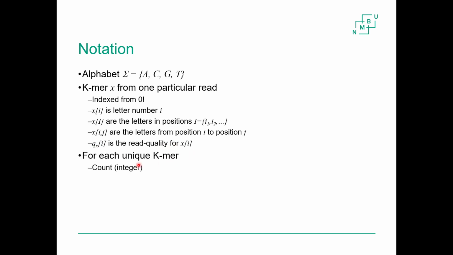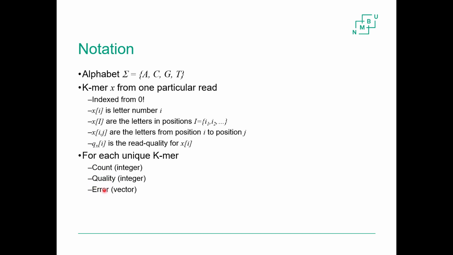And then they say for each unique k-mer, they keep sort of 3 pieces of information for each k-mer. The count, how many times did you see this k-mer? The quality, that's this one here, as an average of all the k-mers who are identical.